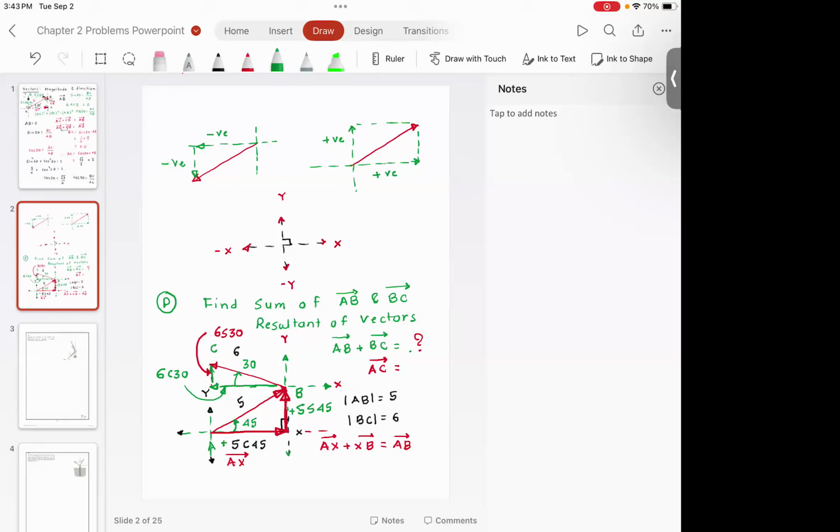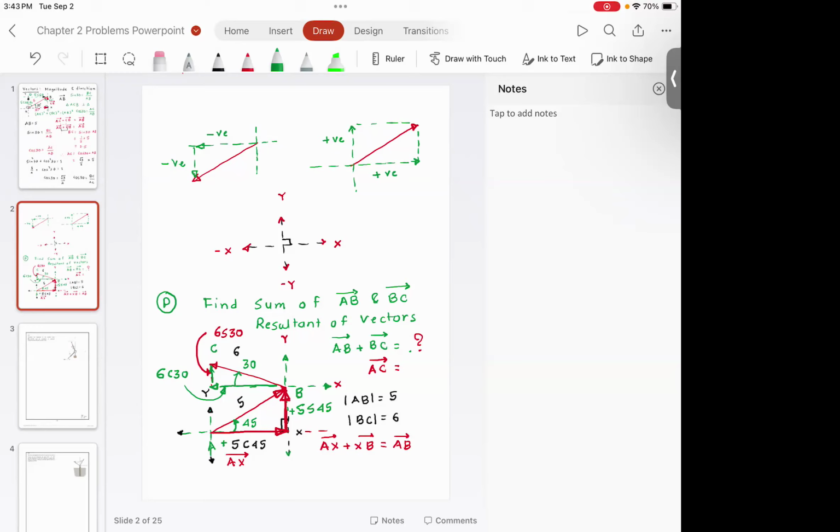When you place the coordinate system where the vector started, you find out the components of this vector, or the resolutions of these vectors, whether they are positive or negative. For the first vector, the x component and y component are both positive. For the second vector, BC, your x component is negative, but the y component is positive.